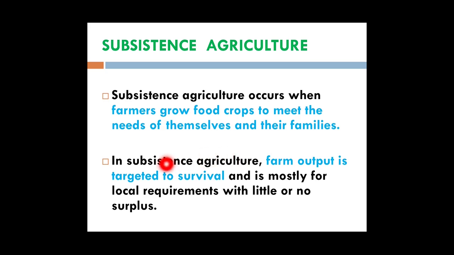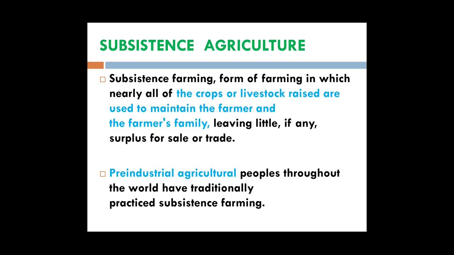So in subsistence agriculture, farm output is targeted to survival and is mostly for local requirement, and little or no surplus, means no extra is grown, and even if extra is grown, very little can sometimes be sold in the market. Otherwise most of it is consumed by the farmer and his family. So this is the idea and concept of subsistence agriculture.